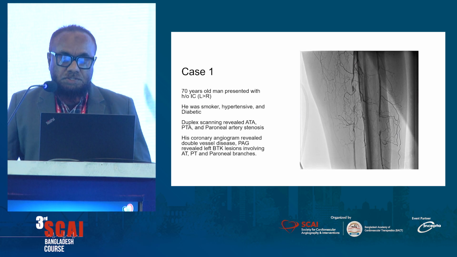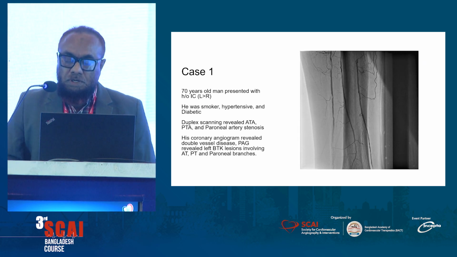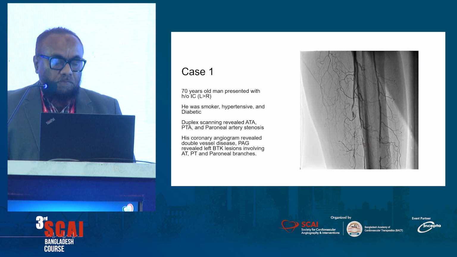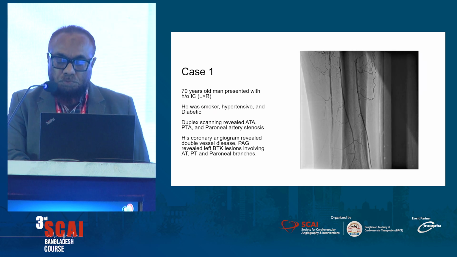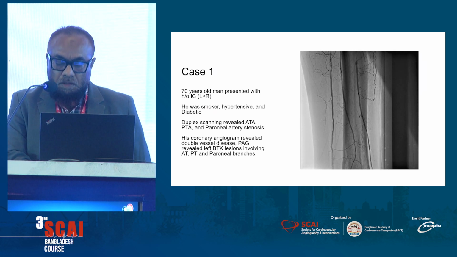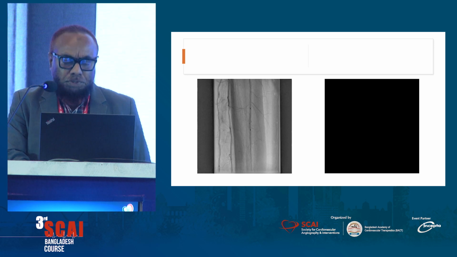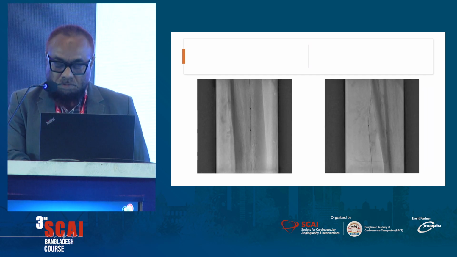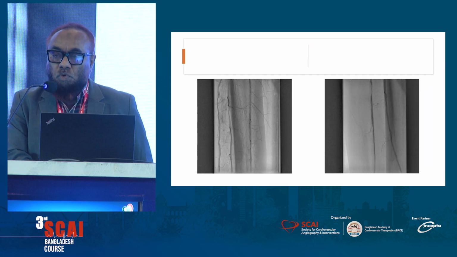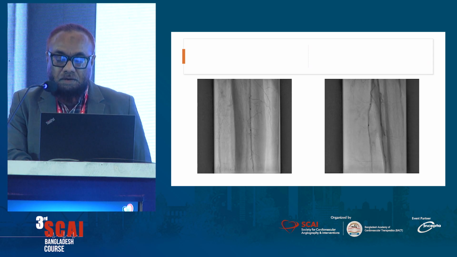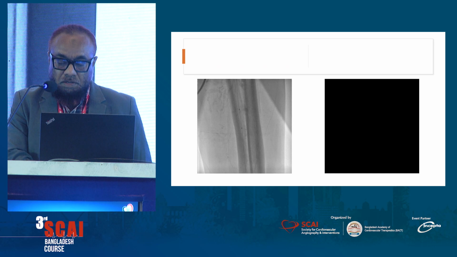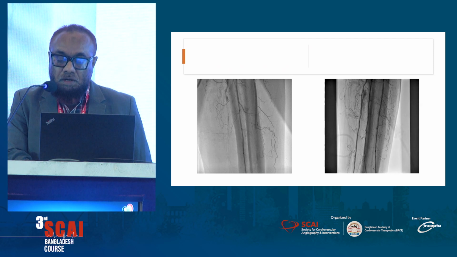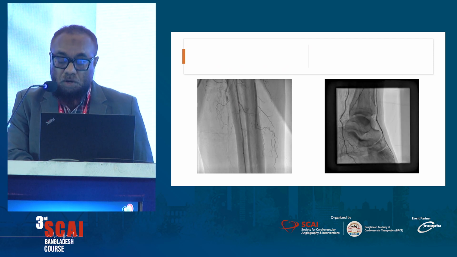So let's come to our first case, that is BTK lesions, diffuse lesions in the anterior tibial, posterior tibial, and peroneal arteries. We decided to do intervention. We started balloon dilatation of the 3 vessels with a coronary wire and coronary balloon, and succeeded, ultimately found a good result, and the patient got rid of severe symptoms.